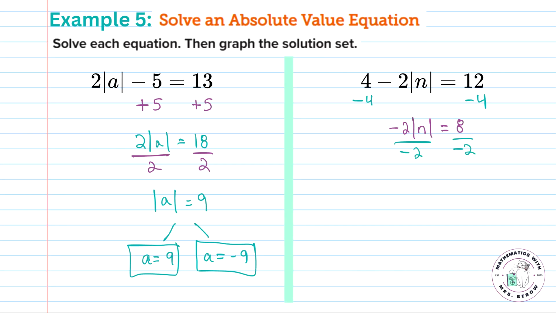And we end up with the absolute value of n is equal to -4. Well, the problem here is we can't even break this into 2 because this isn't possible. The absolute value is always going to be positive. So this actually ends up being a null set situation.